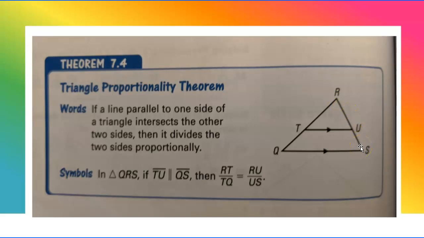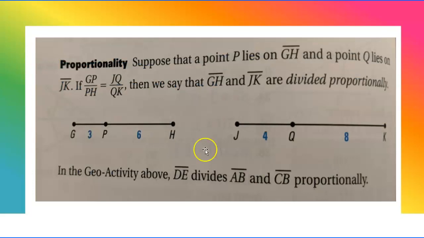They're not saying that the two side measurements are equal, they are saying they're proportional. Just like back here, these two are not equal. This one's 9 total. This one's 12 total. They're not equal. They are proportional.